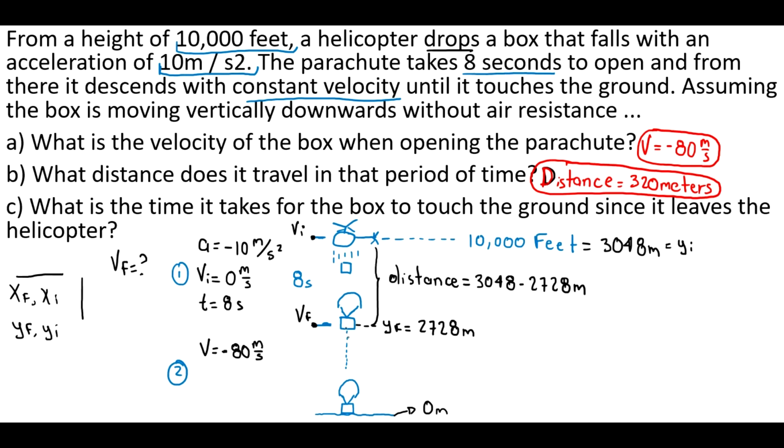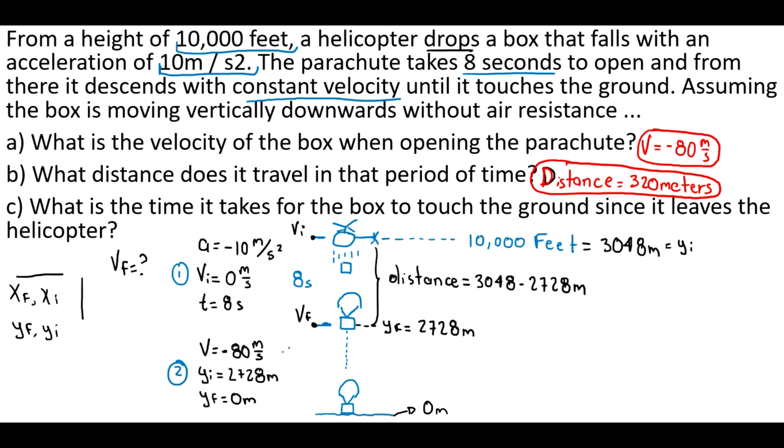So to me, that will be the initial position because that's where the motion begins in the second segment. That is going to be the initial position, 2728 meters. And finally, when it hits the ground, that is the final position to me, because the motion begins here and ends here. So this is the initial and this is the final.